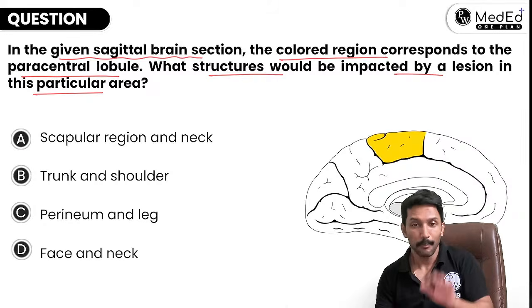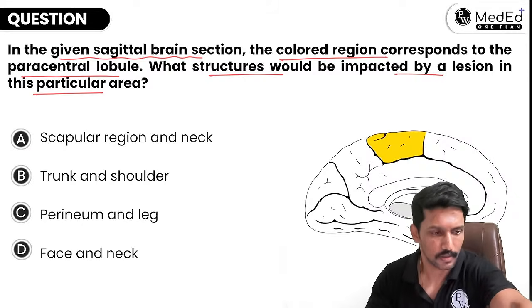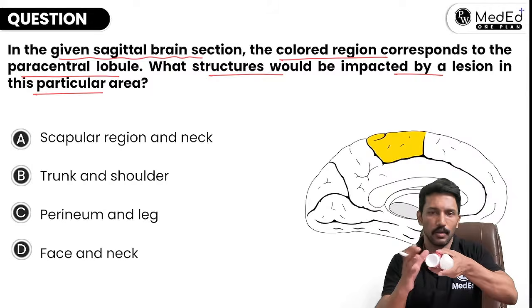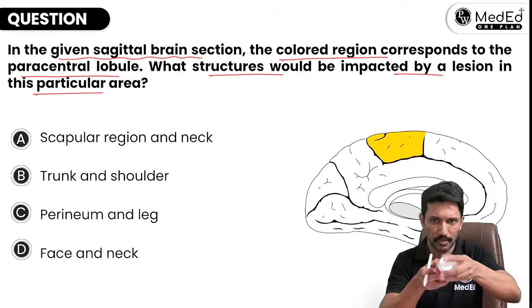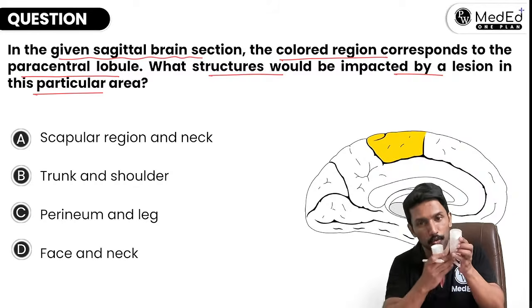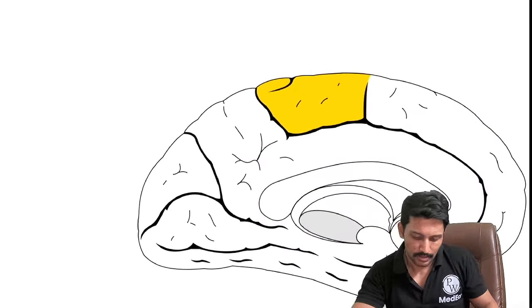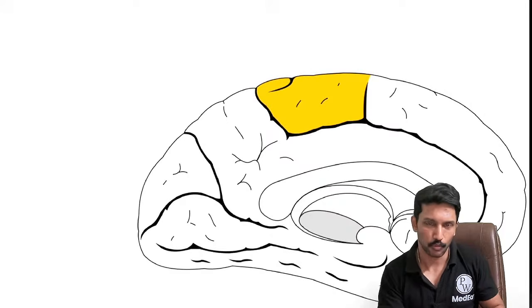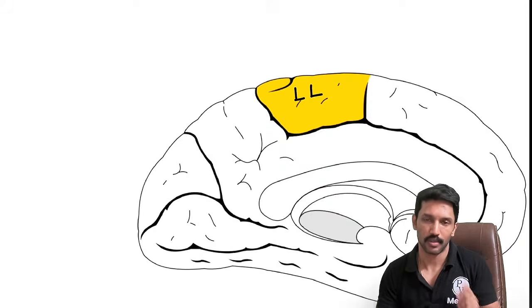So what you're seeing is the medial surface of the brain, like two cerebral hemispheres. If this is a brain, from the side you see the lateral surface, but they have opened it up and are showing you the medial surface. And when you see the medial surface, what do you notice? The superior medial part is where there is involvement, right? This is what you call the paracentral lobule. And what is represented here? Yes, it is the perineum and the lower limb, which is represented here in the motor area.